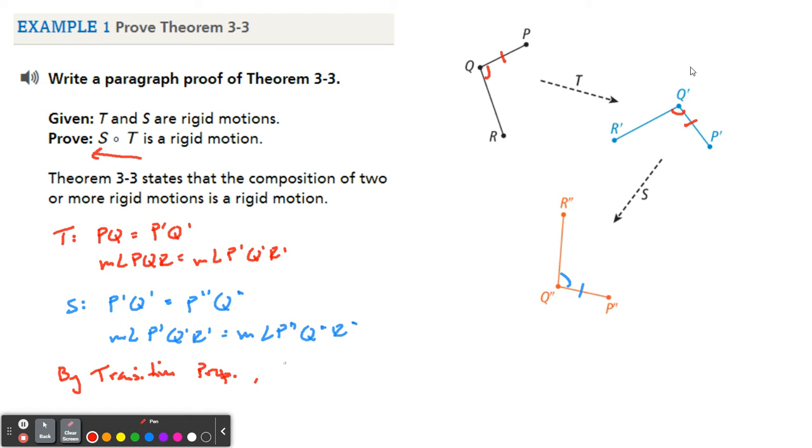we're going to combine PQ equals P prime Q prime and P prime Q prime equals P double prime Q double prime. We now know that PQ is equal to P double prime Q double prime. We do the same thing with the angle measures, and the measure of angle PQR is equal to the measure of angle P double prime Q double prime R double prime.